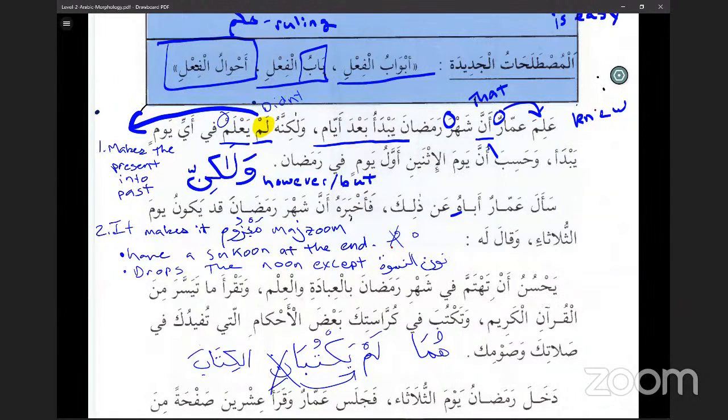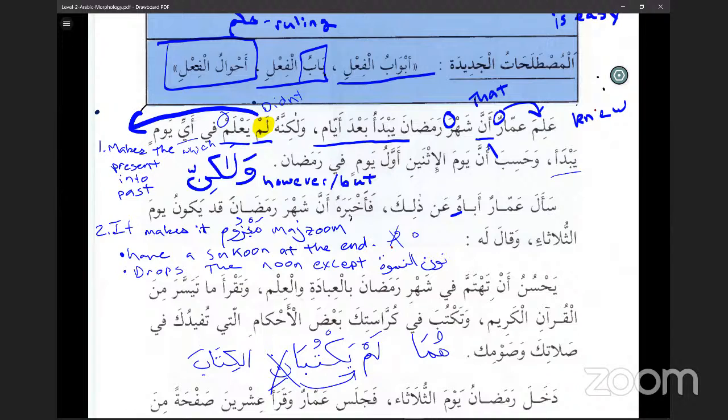طيب. So let's get back to this line now. It says علم عمار أن شهر رمضان يبدأ بعد أيام, Ammar knew that the month of Ramadan begins after some days. ولكنه, however, لم يعلم في أي يوم يبدأ.